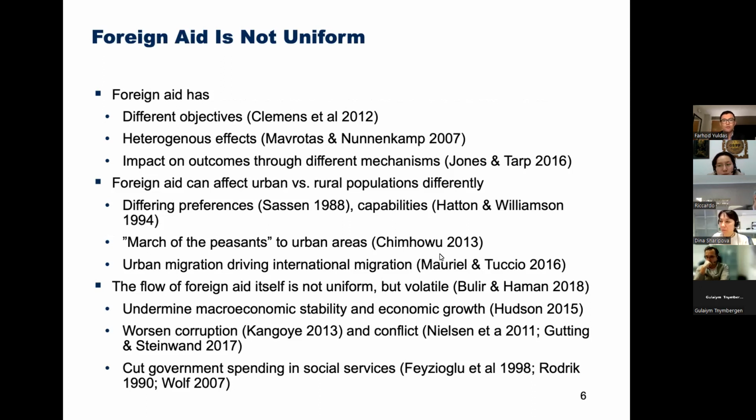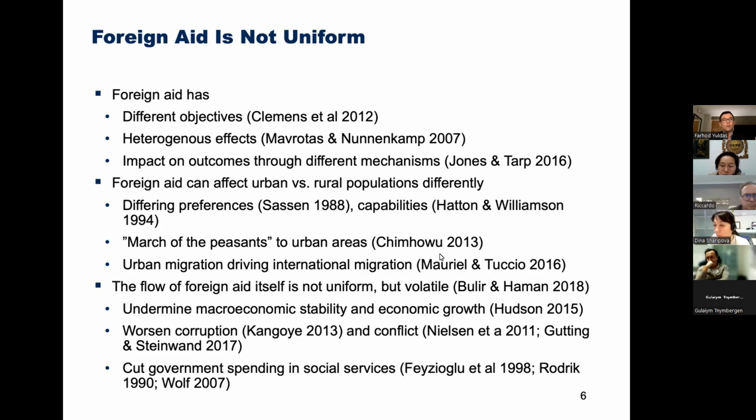Don't they have different objectives? Some focus on humanitarian aid, like in cases of natural disaster, some aid focuses on governance, and other aid focuses on social issues, like women's rights and elections, and others focus on just helping governments with their budgets in tough times.